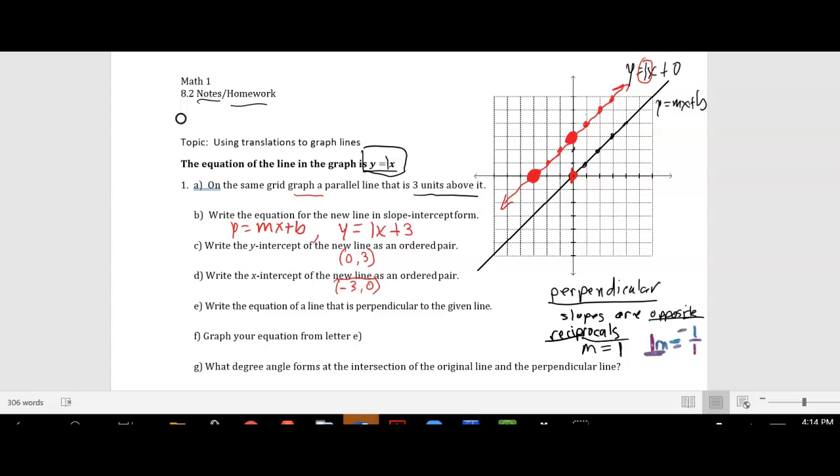So if I ask you to write the equation for a line, we're still relying on slope-intercept form. In this case, we know our slope has to be the negative 1 over 1. So we'd have a negative 1x. The y-intercept can really be anything.